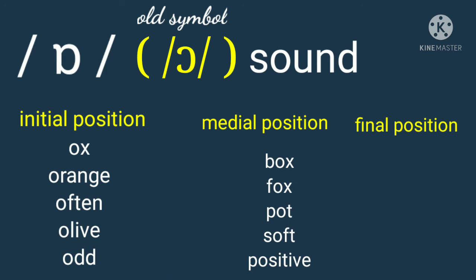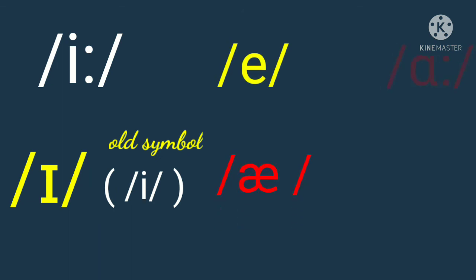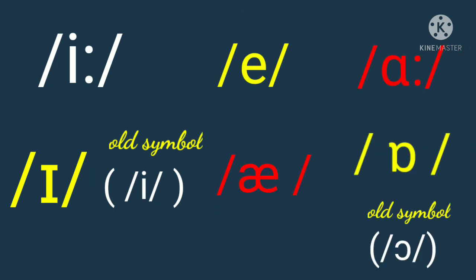It never comes in the final position. So we have studied six symbols which represent the six monophthongs in English. Which are they? E, I, A, and O. We can continue our study of symbols in the next class.